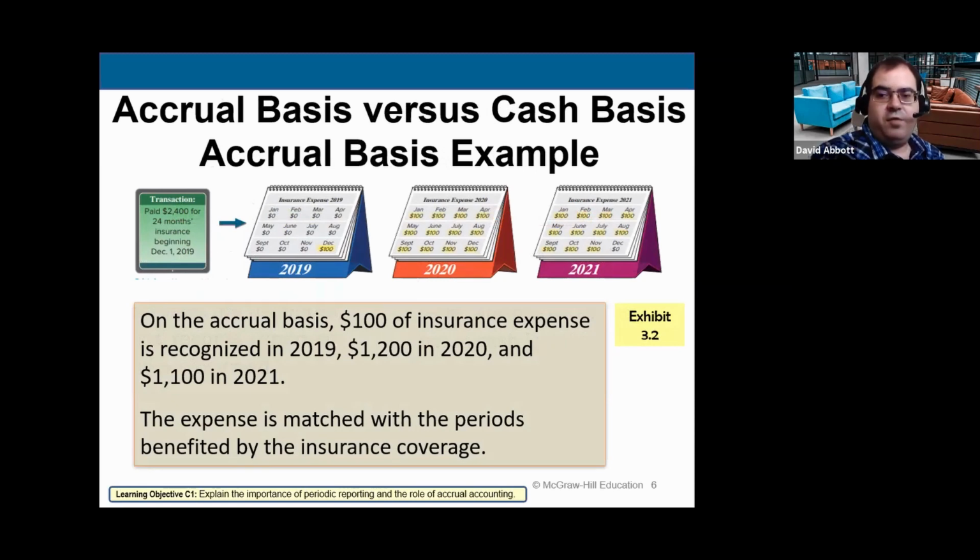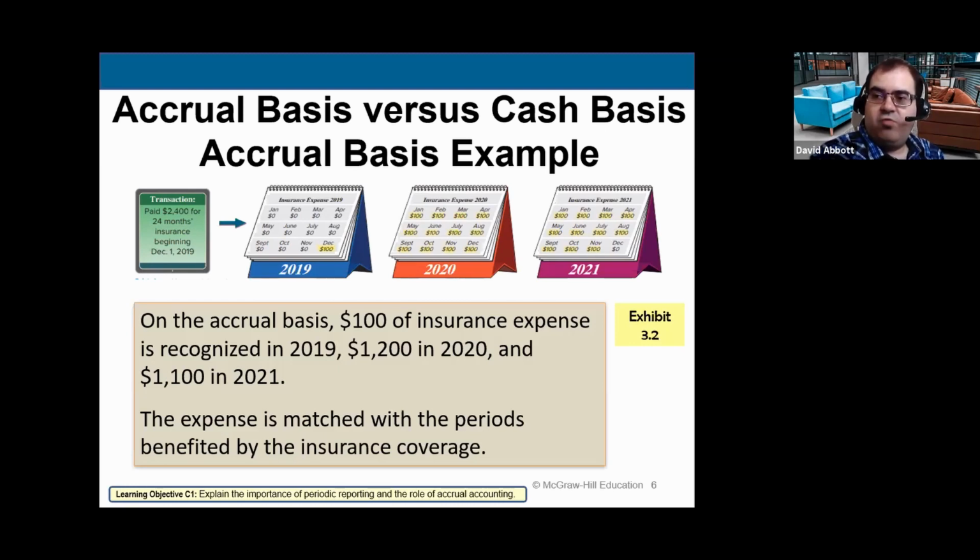So we see here, for example, on the accrual basis, $100 of insurance expense is recognized in 2019 because they had 24 months of insurance and they paid the full amount December 1st of 2019. So you use 1 month of it then, and then for 2020 you're going to use 1 month of it for each month, so $1,200 of that for each month.